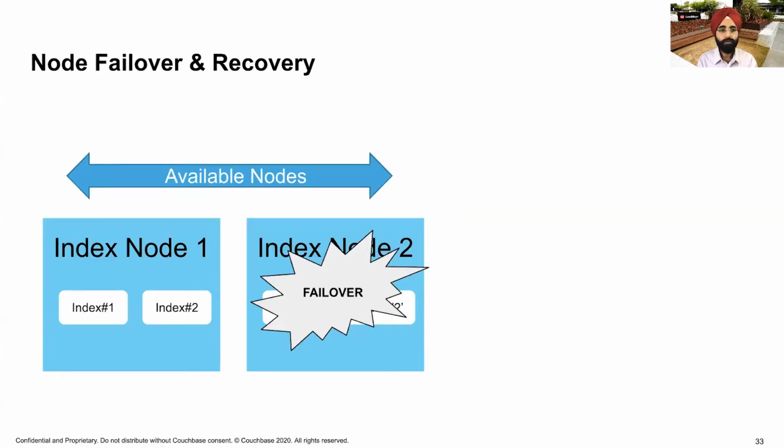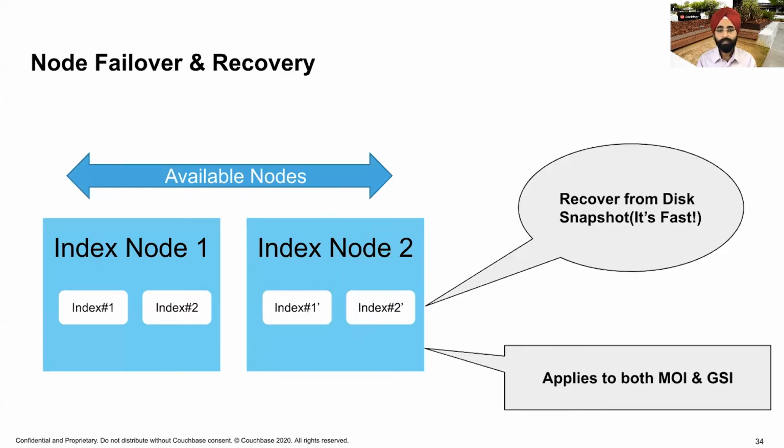Now let's look at node failover and recovery. For example, let's take 2 index nodes and one of them fails over. Actually, this is an example of recovery, so in this case, this node is able to recover.